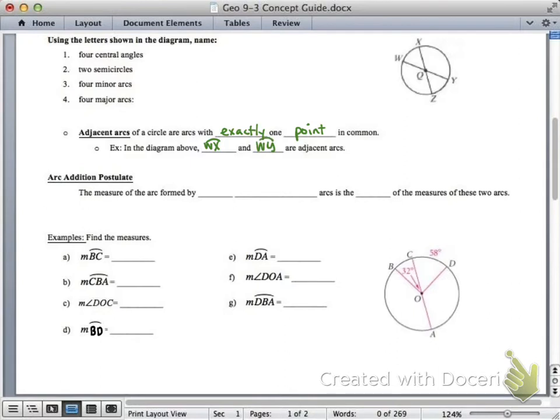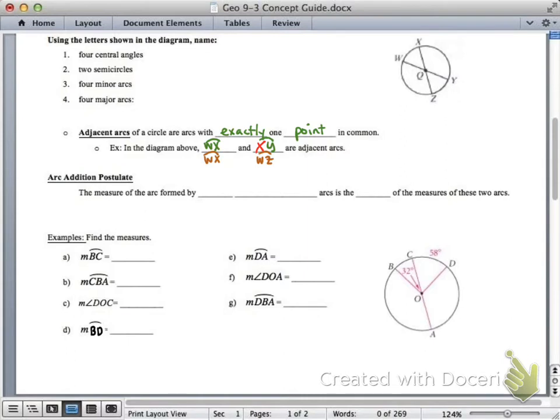Let me correct that: it shouldn't be WX and WY, it should be WX and XY. Let's see if I did this next one right. WX and WZ. Now that one makes sense. They both share point W. WX and XY are adjacent. WX and WZ are adjacent arcs.